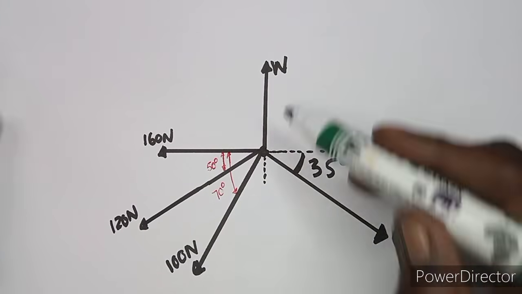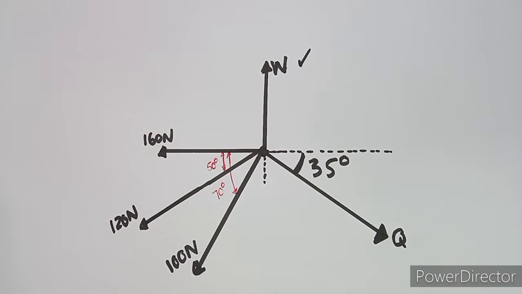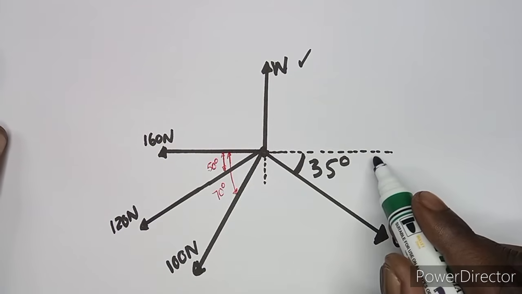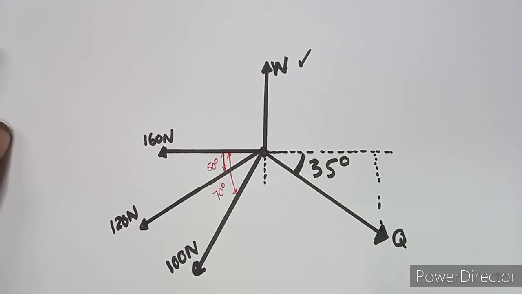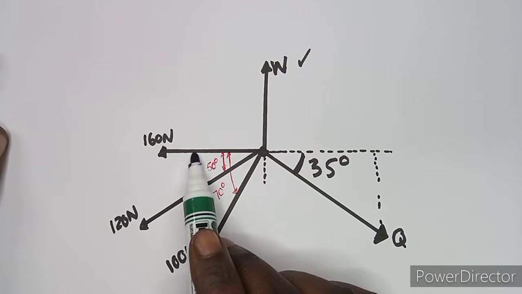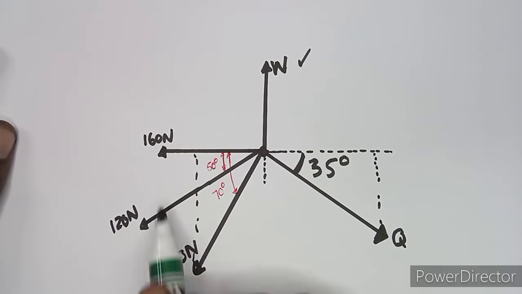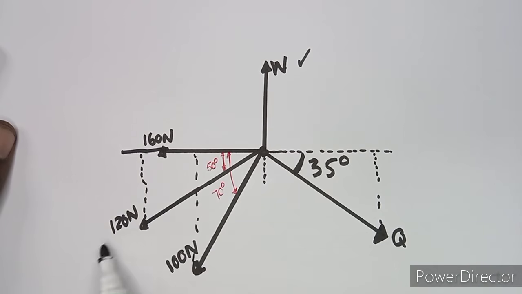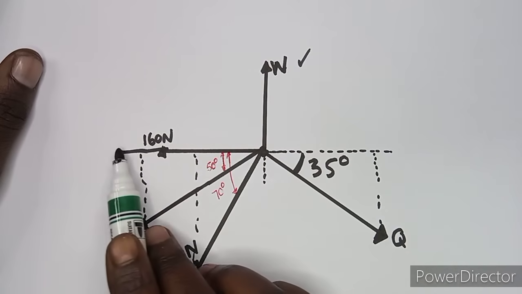We have an upward force here, which is W. And we have got these downward forces which are in between here, because as you can cross check here, if you extend to form a triangle like this, you've got a downward force here. You also have a downward force at 100. We also have, if we extend this, a downward force at 120 newtons. So we know that these ones, they are below.